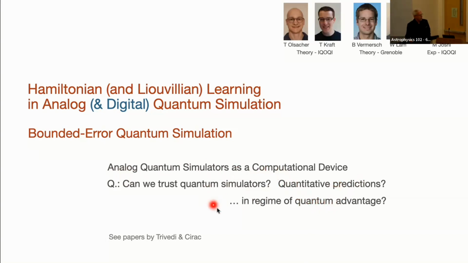And this work is also related in spirit to what Ignatius Iraq has been doing. They wrote a series of papers on to what extent analog simulators can provably demonstrate quantum advantage. But we try to do these things a little bit hands-on and also in relation to an experiment. That's what I want to tell you in the following.